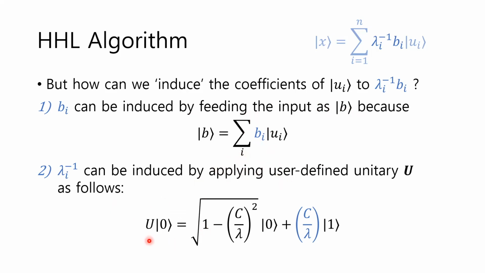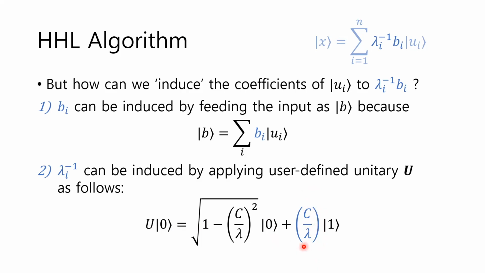What the unitary U is doing here is applying to the computational basis state 0, and it will rotate it so that it induces an amplitude with lambda in the denominator and some normalization constant C.